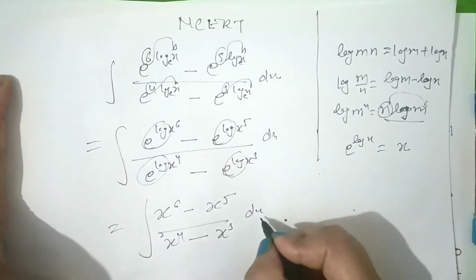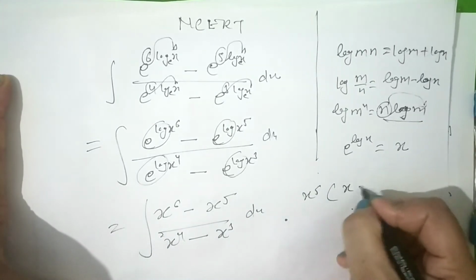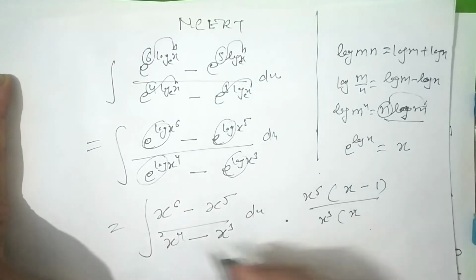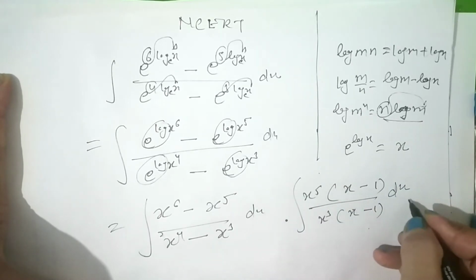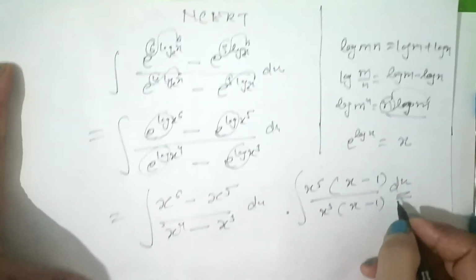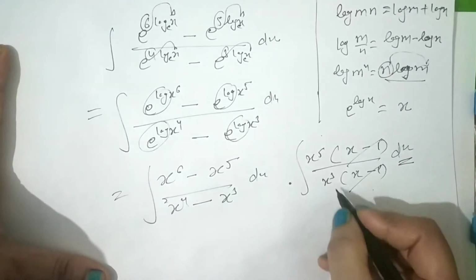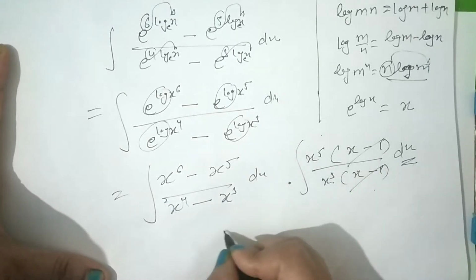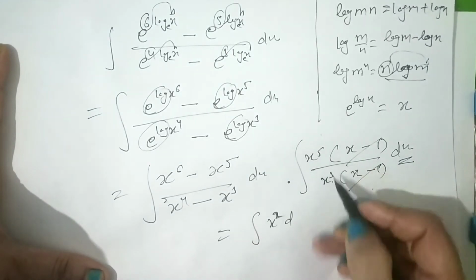Now we can take x raised to power 5 common from the numerator. So that will give x minus 1. And here you can take x cube common, so x minus 1 again inside the sign of integration, and don't forget to write dx. Now x minus 1 on both sides cancel and x raised to power 5 upon x cube will be x square by subtracting the power.